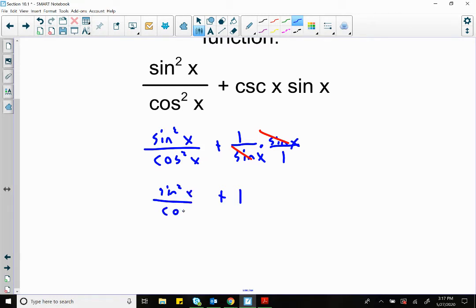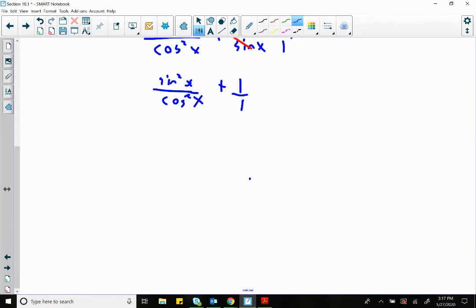And cosine squared x. Now you're like, okay, so this is a fraction over here. Remember, 1 is over 1. So we can get a common denominator between these two and then add the fractions. From here, we can just deal with fraction work.